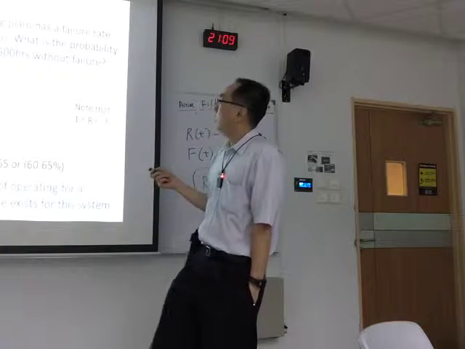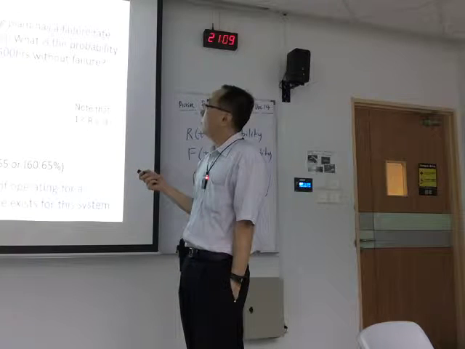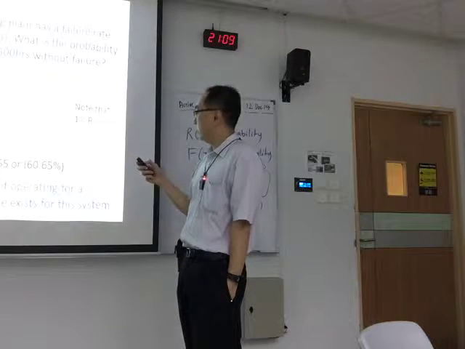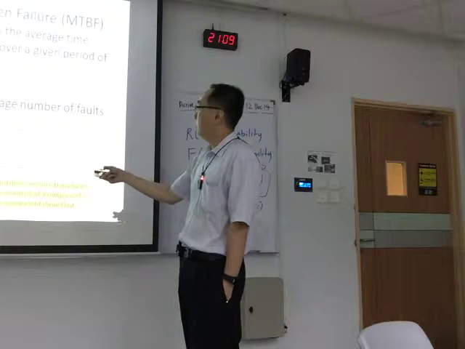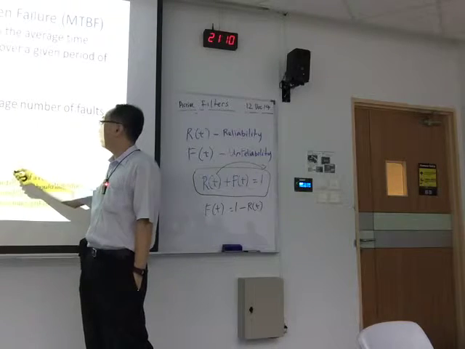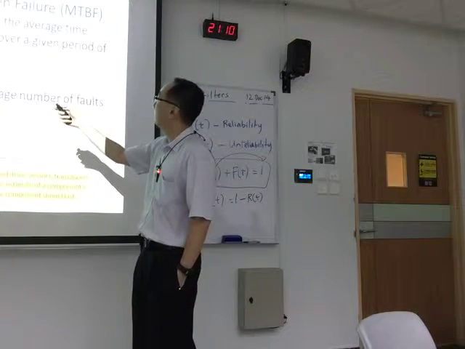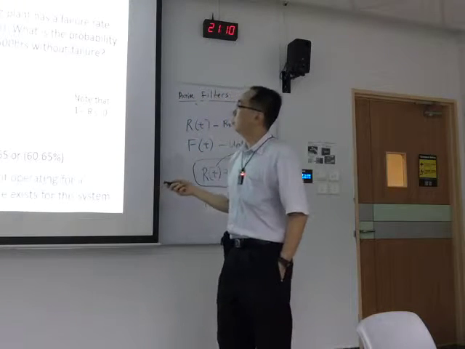So I can calculate the MTBF, because MTBF is 1 over this lambda. Lambda is 1 over theta, and theta is this one. So we can work out this one.